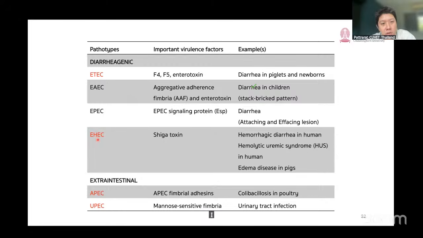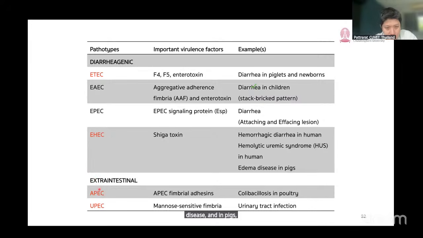And EHEC, enterohemorrhagic E. coli, produces Shiga toxins, right? These are different toxins from ETEC. The Shiga toxins affect the endothelial cells and cause hemolytic uremic syndrome in humans, or edema disease in pigs.